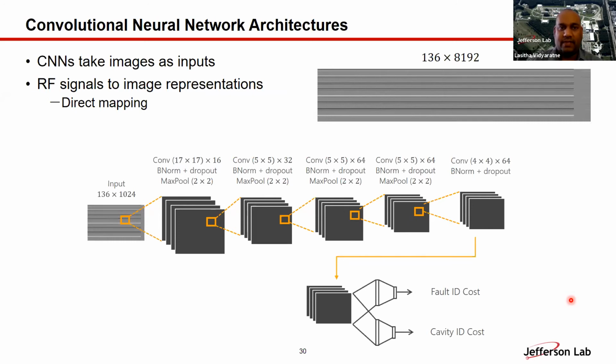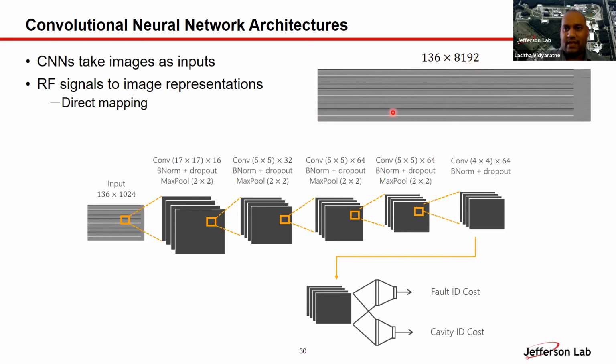We've played with a couple of image representation methods for RF signals. The first is direct mapping, where we arrange each RF signal coming from the cavities in a row-wise manner to obtain this canvas of 136 signals by 8,192, which is the number of time samples in each RF signal.